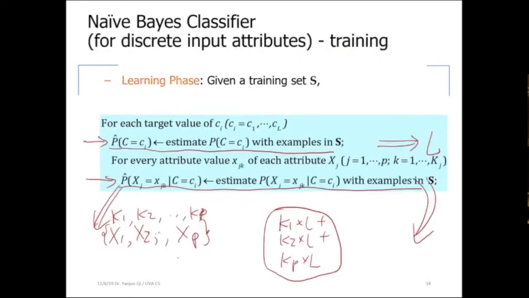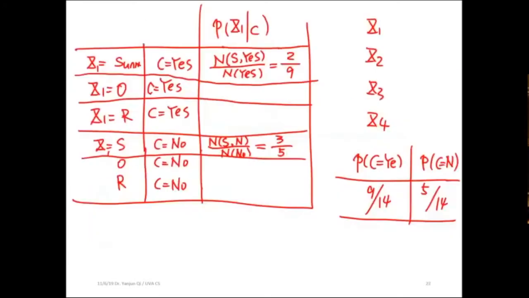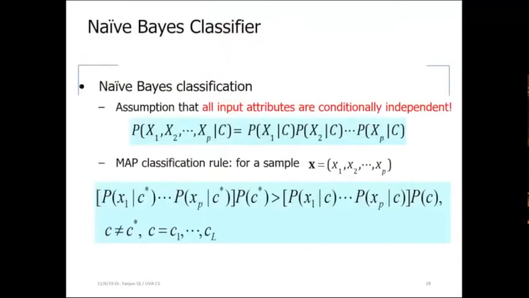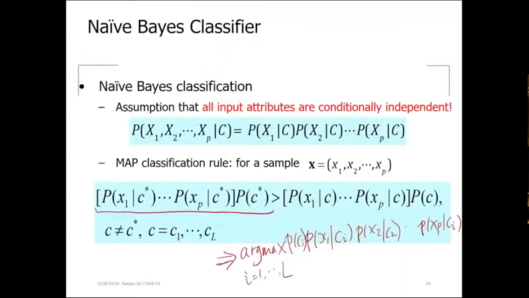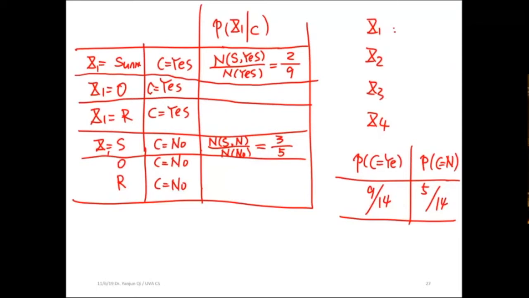Then let's calculate how many parameters you need to estimate. So let me come back to this example. For x1, how many parameters do I need to estimate? One, two, three. 3 times 2, right? 3 possible values, and L possible classes.